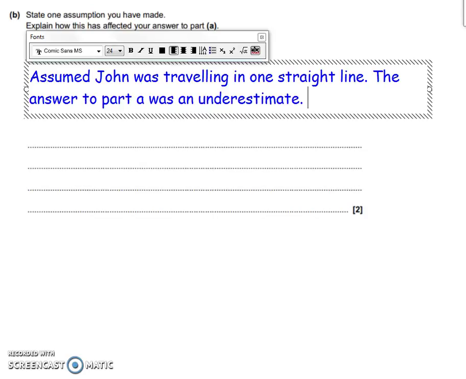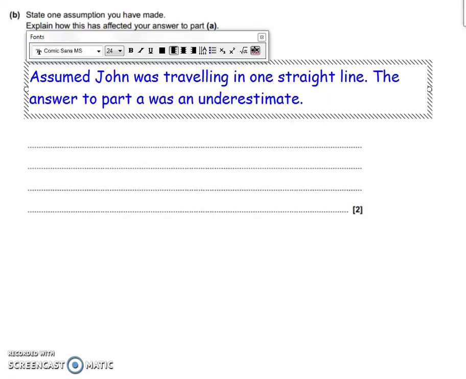Okay, and the reason why it's an underestimate is because realistically he's actually going to have to travel more miles than that because he's not going the most direct route. Okay, and we figured out the most direct route, so it's going to be the shortest amount of time possible for him to make that journey.